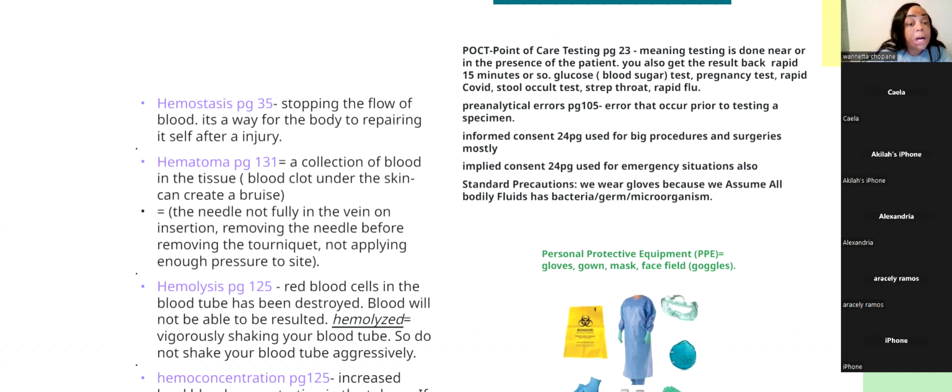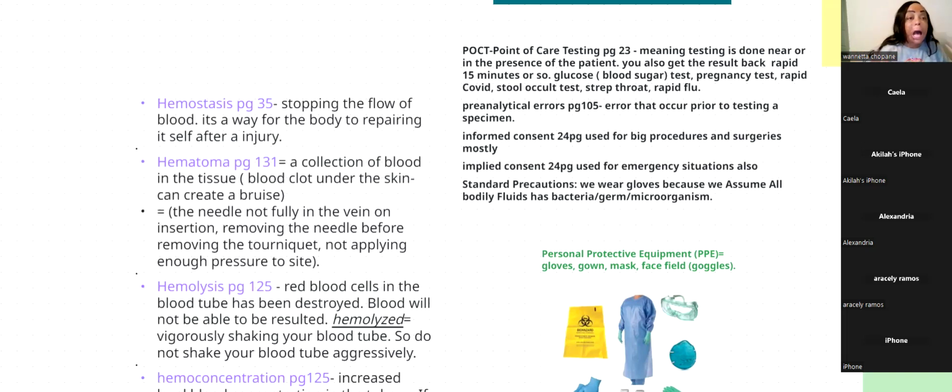It's basically a blood clot underneath the skin, and it creates a bruise on the skin that we see. I think I started explaining this on Saturday. So hematoma is a collection of blood in one spot. Either you can see a bruise on the skin or you'll see an elevation in the skin.